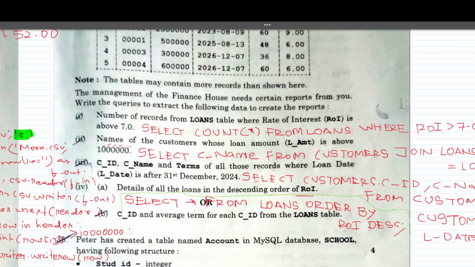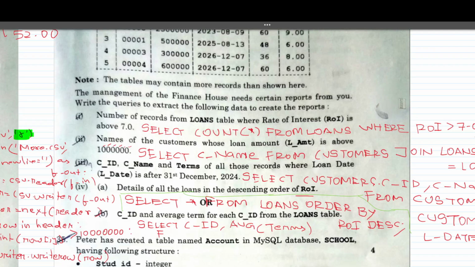Okay, now OR is given. I need to write CID and average term of each CID from loans table. Select both of this. Average needs to be picked out according to my terms.